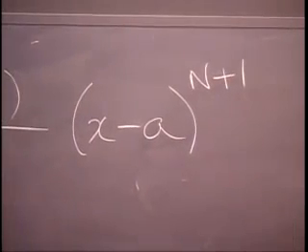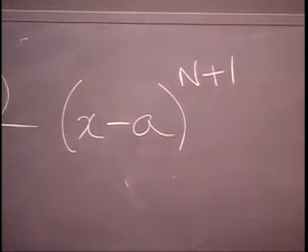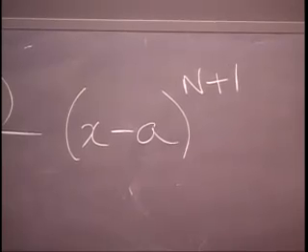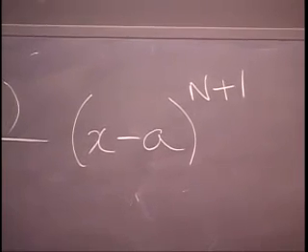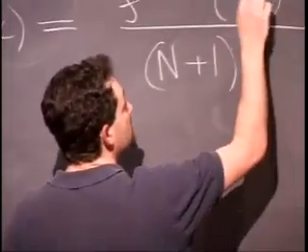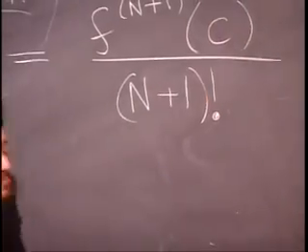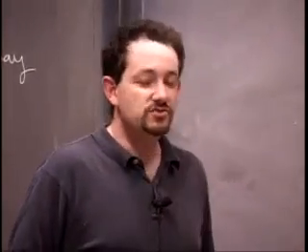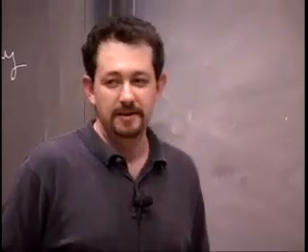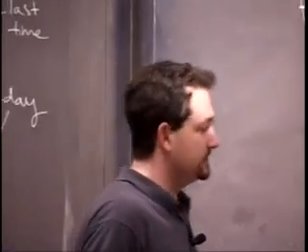In fact, if I just filled in an a here, it would just give you the next term in the polynomial. It would give you the n plus 1th term. But unfortunately, or perhaps fortunately, since not everything's a polynomial, I have to put in a mysterious number c. And you don't know what c is, which seems a little bit weird.